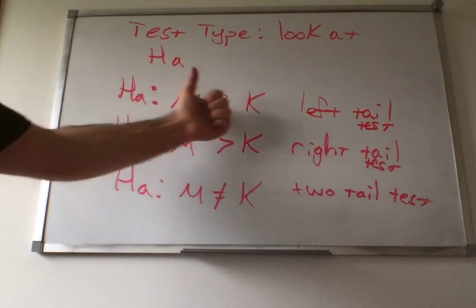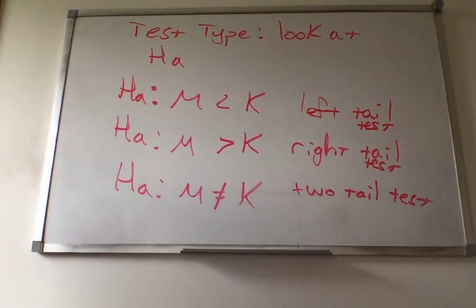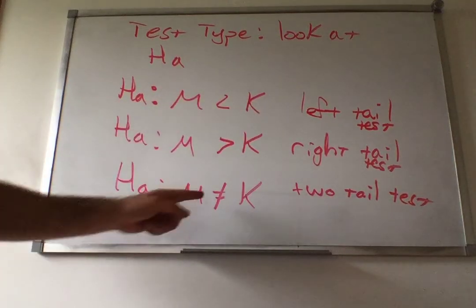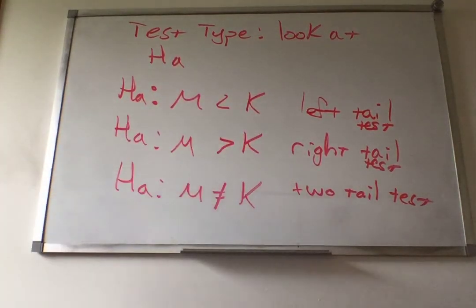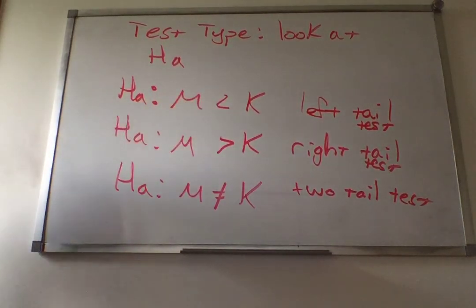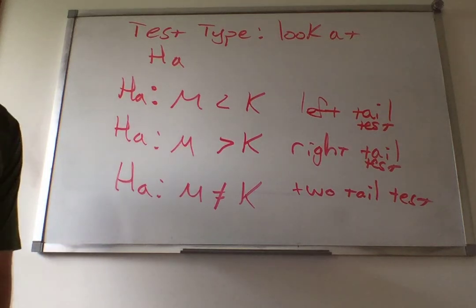Pointing left is a left tail test. Pointing right is a right tail test. Not equal to is a two-tail test. I mean, that one you just kind of got to remember. Okay, these can help you figure out what tail test you are doing.